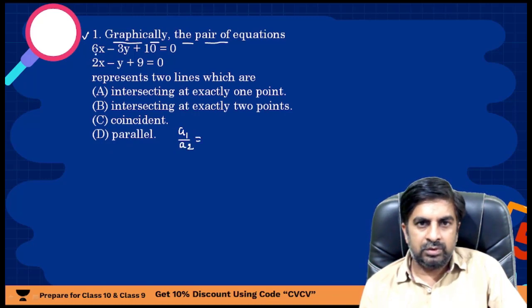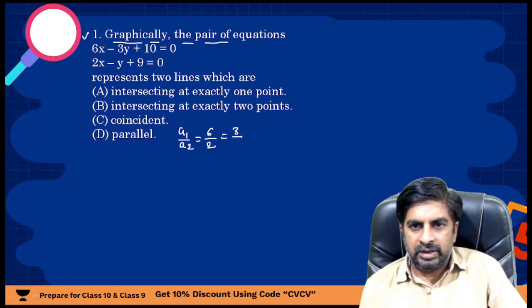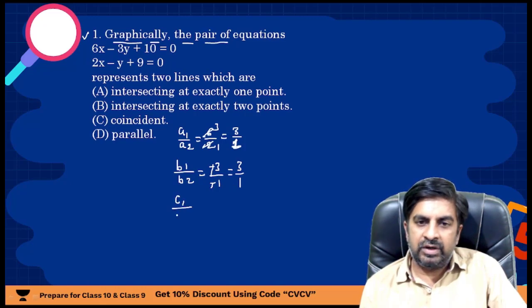So the ratio, this is 6 by 2, that will be 3 by 1. Now b1 by b2, minus 3 by minus 1, the minuses cancel, 3 by 1. Now we are going to find c1 by c2, and here that is 10 by 9.